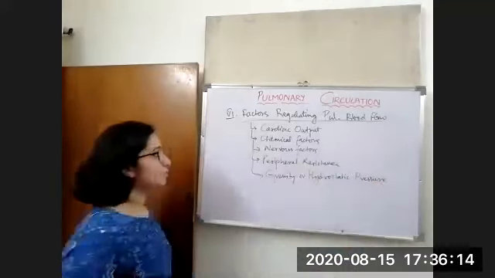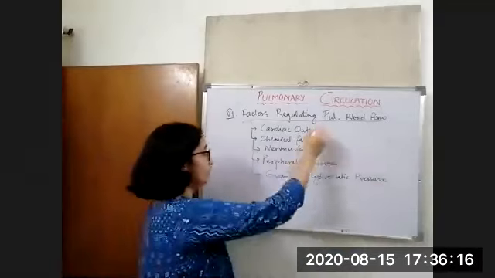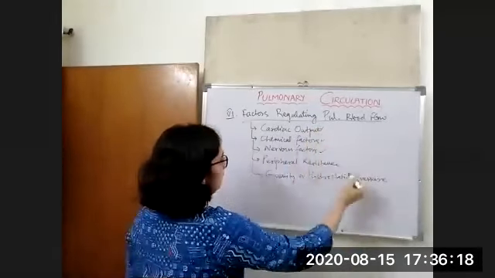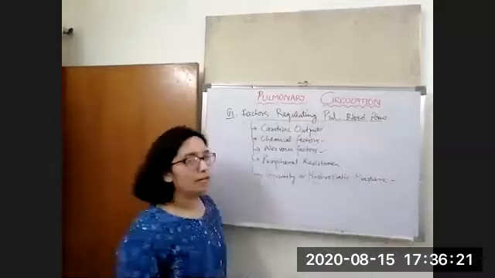So what are the factors which affect the pulmonary blood flow? Cardiac output, chemical factor, nervous factor, peripheral resistance, and gravity or hydrostatic pressure.